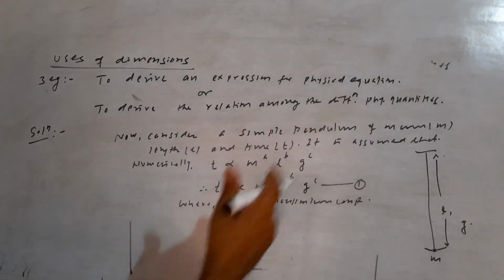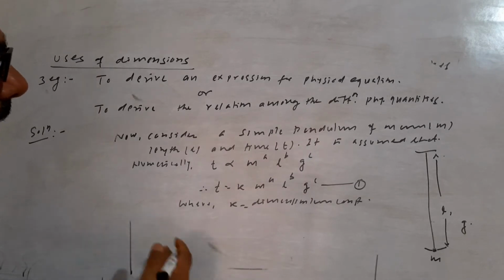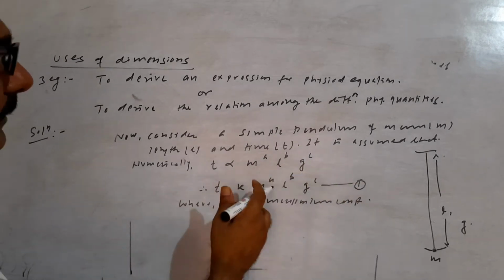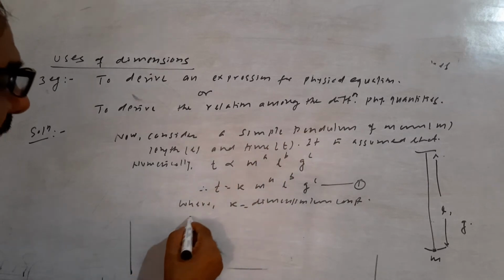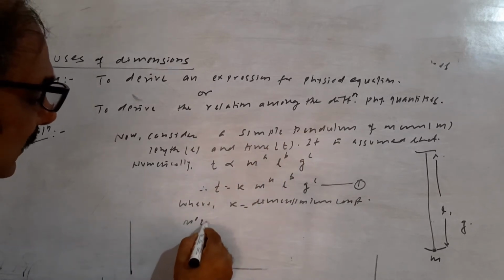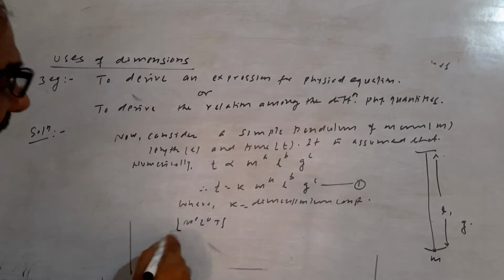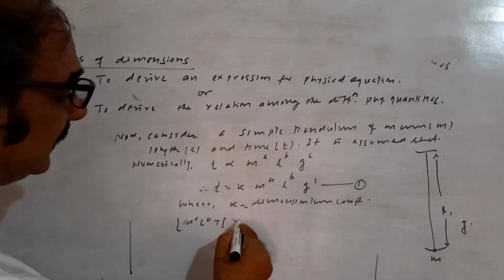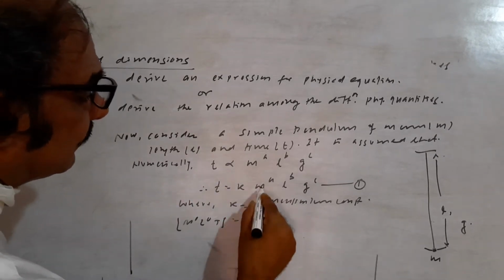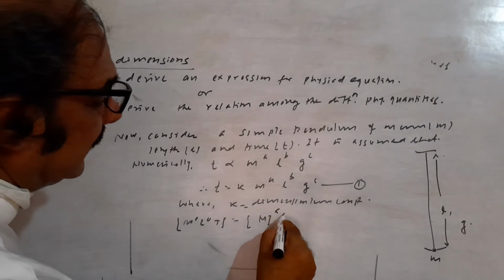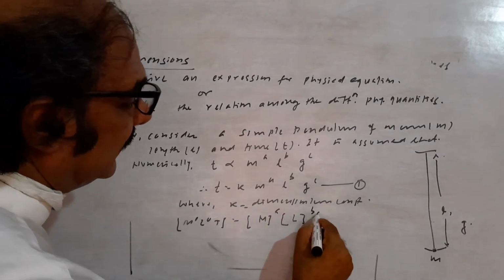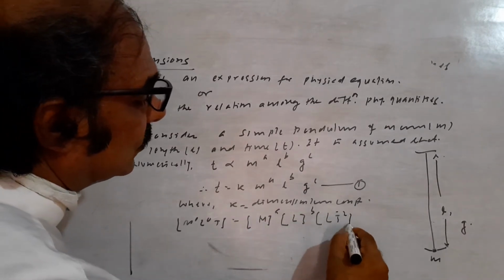Now write down the dimensional formula on both sides and compare to find the exponent values. So M^0 L^0 T on the left hand side, and on the right hand side, m to the power a, l to the power b, L T minus 2 to the power c.